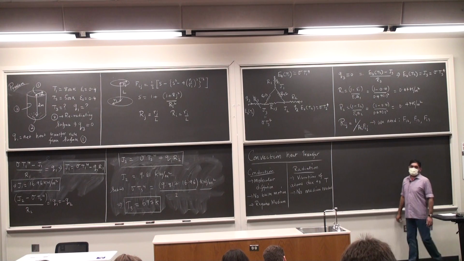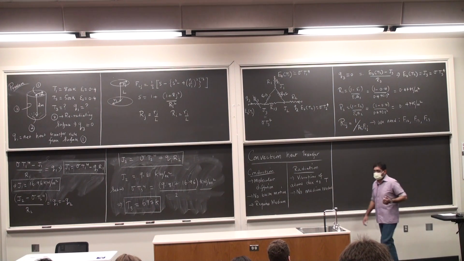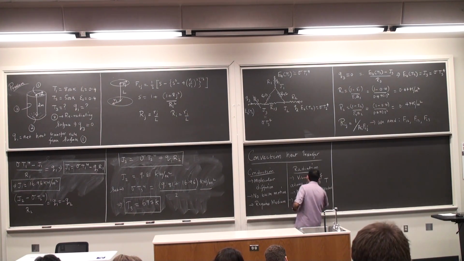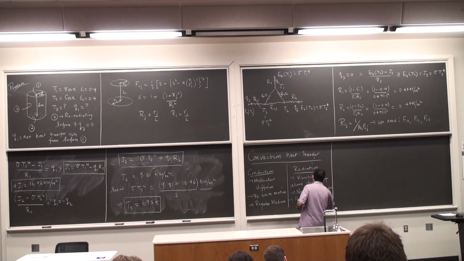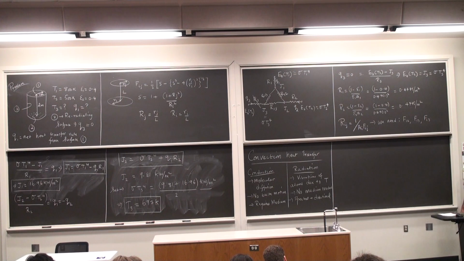Radiation is complicated with the fact that it's both spectral and directional. It's a function of wavelength, it's a function of direction as well. And we had a host of equations to characterize radiation.